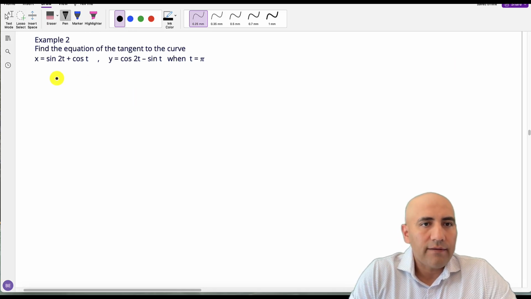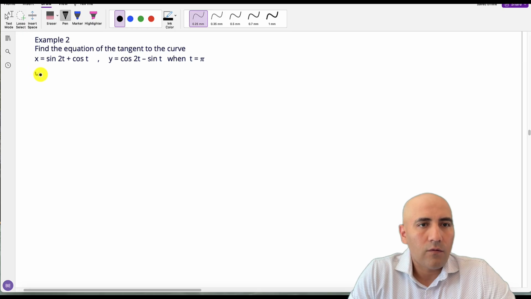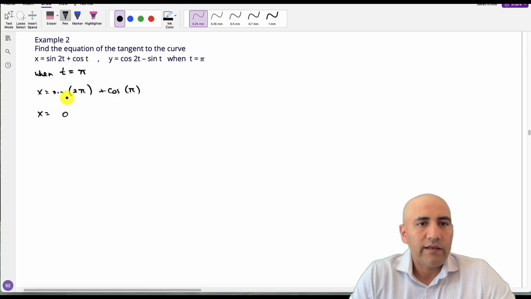So let's calculate that. When t equals pi, we end up with x equals sine of 2 pi plus cosine of pi. Sine of 2 pi is 0, and cosine of pi is negative 1, so plus negative 1.